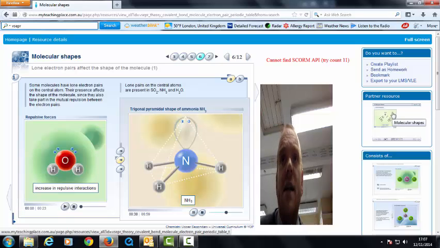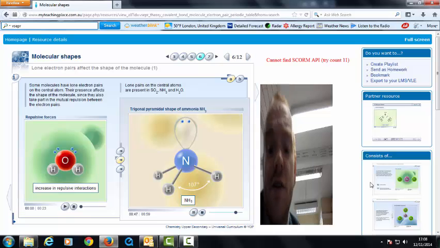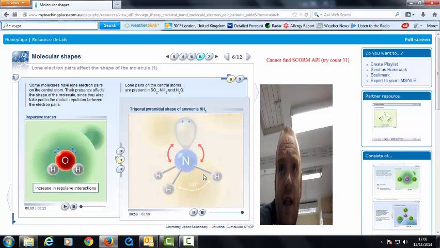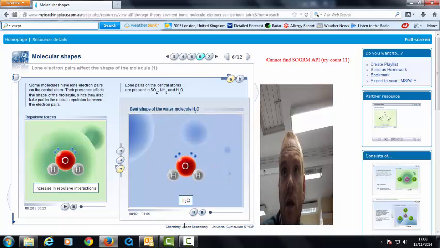However, the lone pair in the ammonia molecule means that the tetrahedron gets distorted slightly. Therefore my bond angle is decreased from the ideal of 109 to 107 degrees, because I've got an increased level of repulsion.